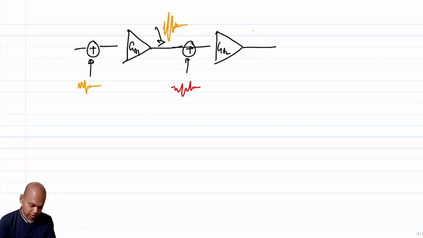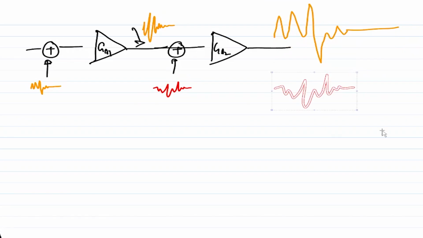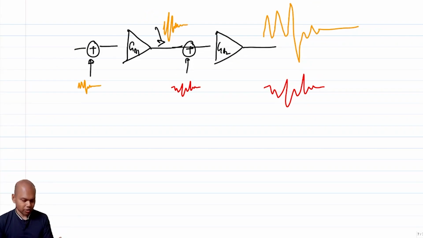So say I copy this, a scaled version of the input. And what about this? Because the first stage noise gets gained up twice and the second stage noise gets gained up once, at the output the first stage noise will dominate.